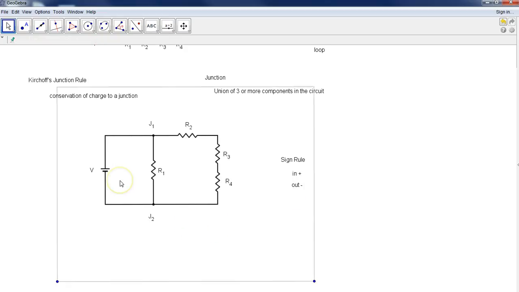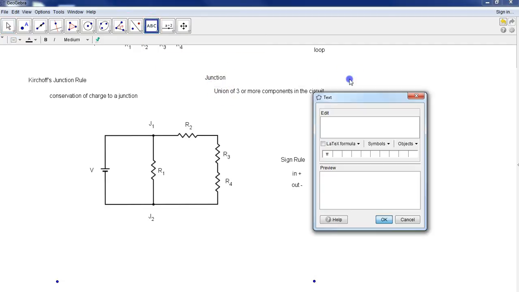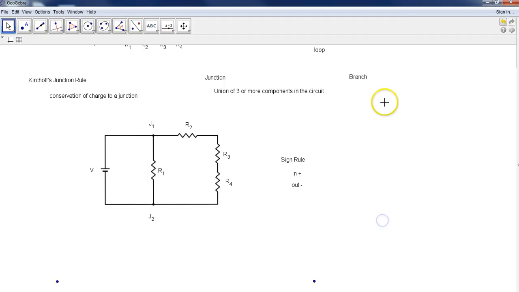And what I want to do for the junction rule is assign each branch a unique current. So not only do I need the term for a junction, I also need the term for a branch. A branch is just going to be a conducting path between junctions.